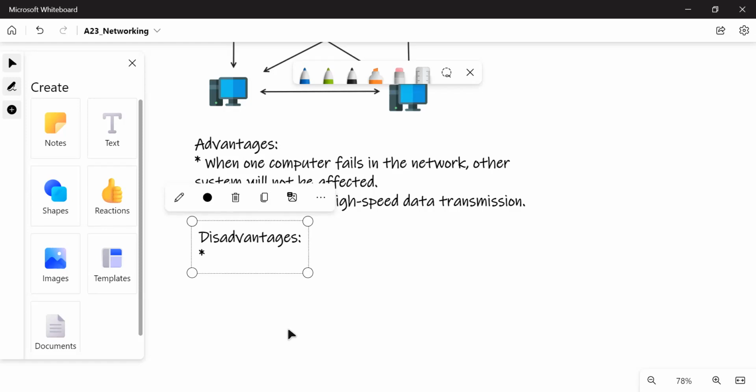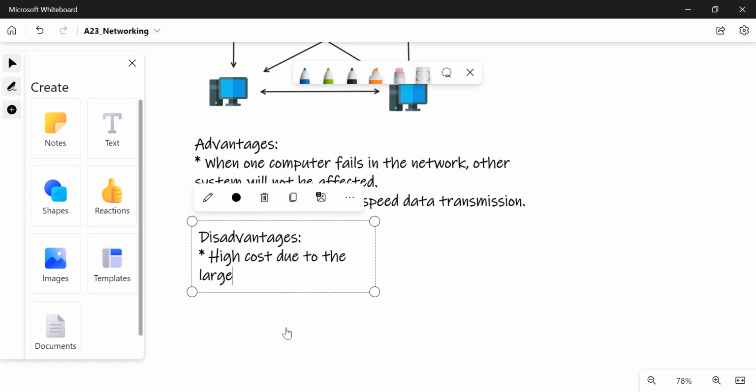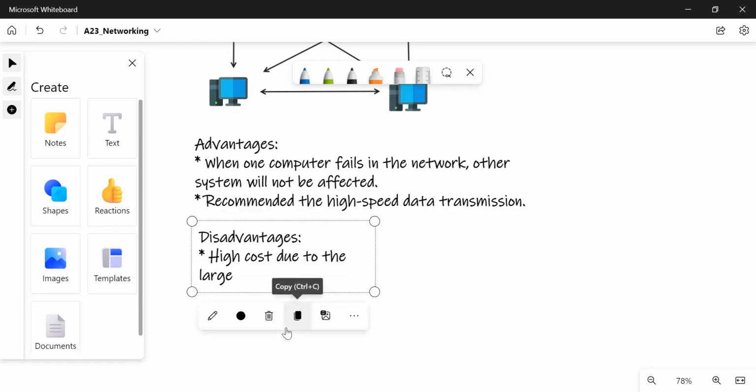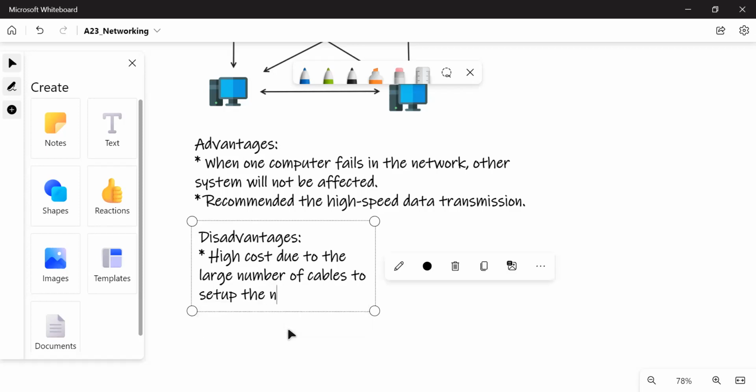If you look at the number of cables that you need, it's very high. So we can say high cost due to the large number of cables to set up the network.